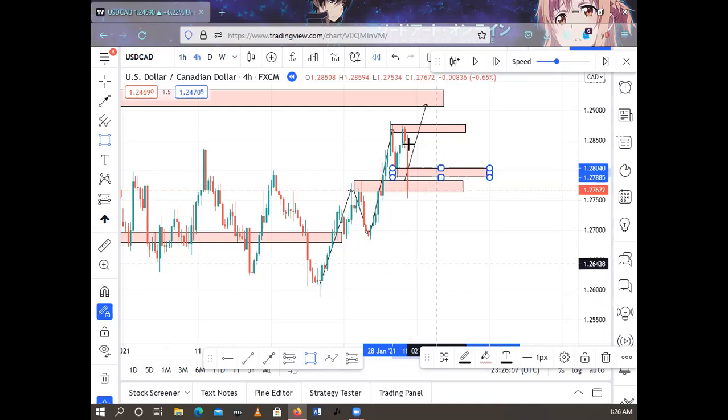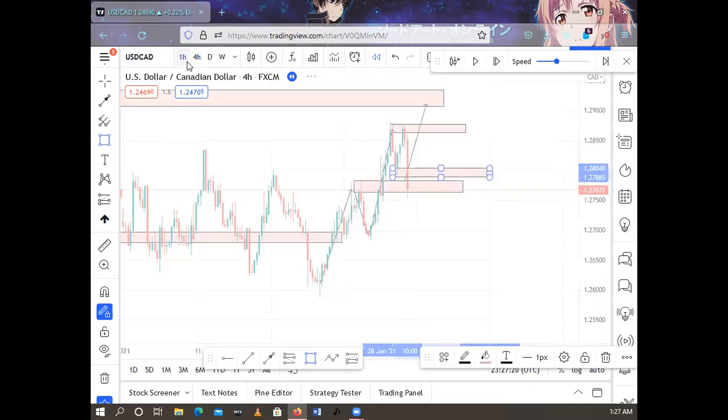Now, when you see a break like this on the 4-hour time frame, and you have identified your resistance level, and you're identifying this as your double top, this is a pretty good time for you to move down to your 1-hour time frame. This is your entry time frame, right?